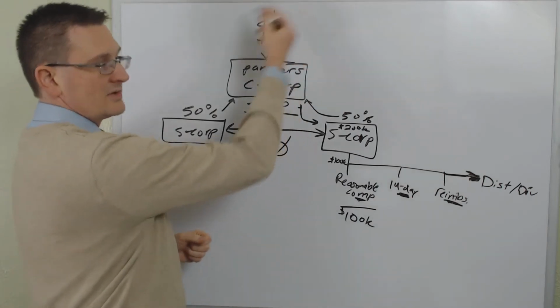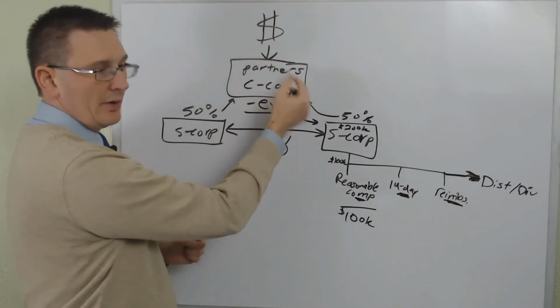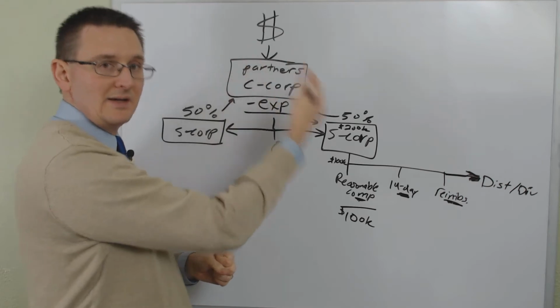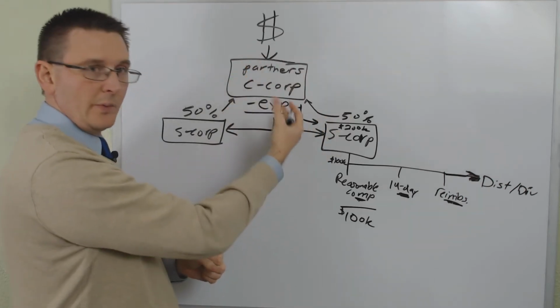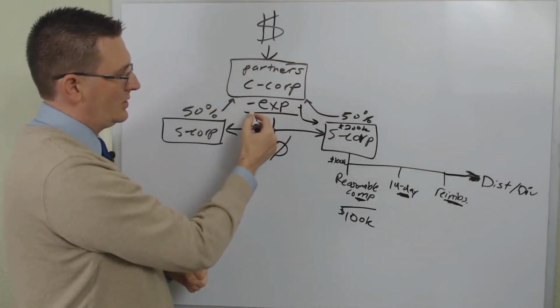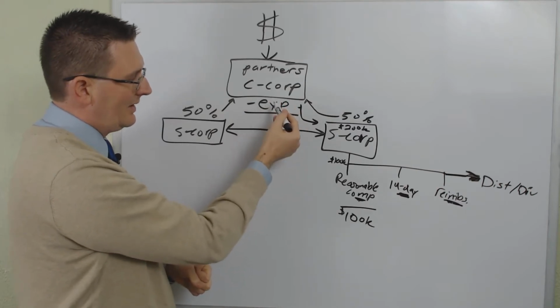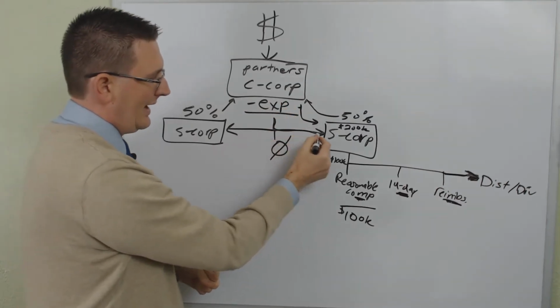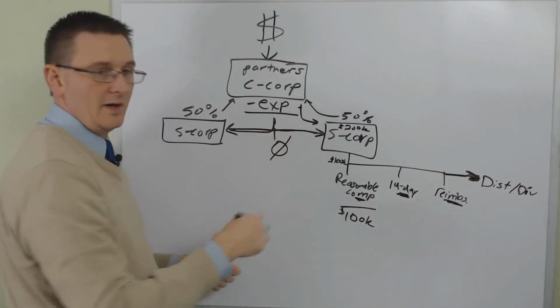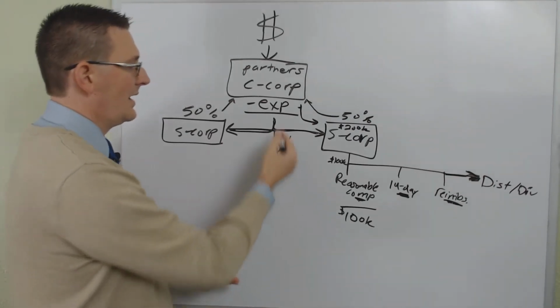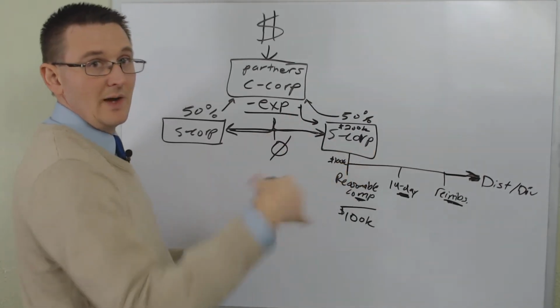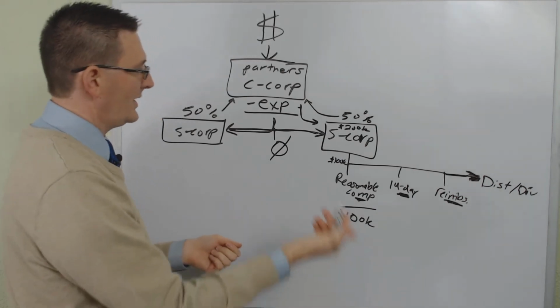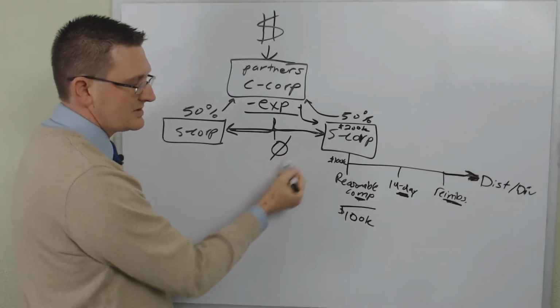We have revenues and commissions coming in to the partnership, LLP, LLC, C corporation, however this is structured. You have the expenses coming out of here, and then essentially you want to distribute out evenly or unevenly, depending on how the partnership works, to S corporations, to LLCs, to partnerships, to other places, leaving this with zero.